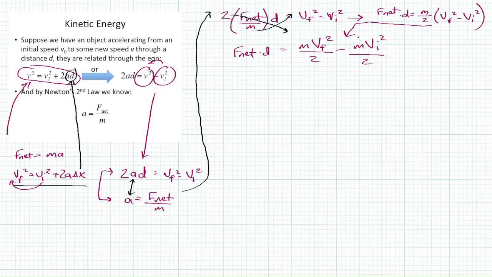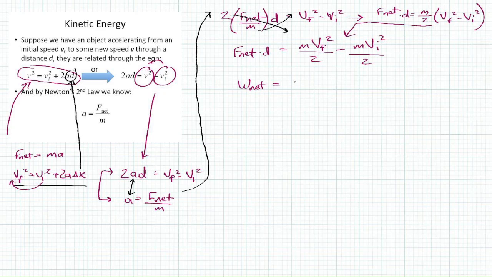Okay, we'll take a look at this then. F net times d, well, we know that by this point to be work. Our net work equals all this over here. And the notation for this is more like, instead of the 2 on the bottom, we take the 2 and put it out front as a 1/2.